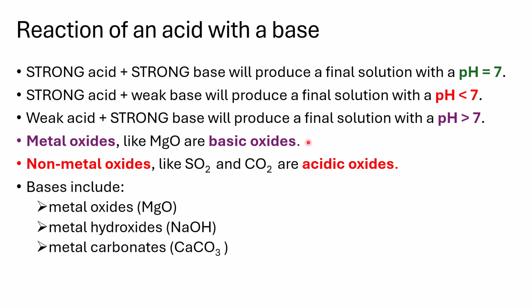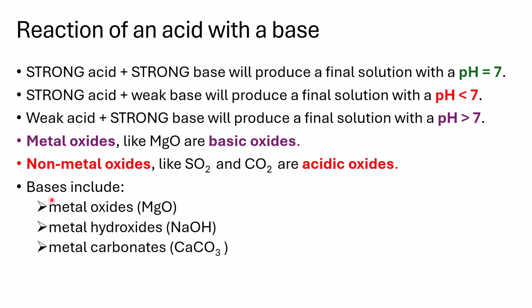Now, the first thing that you must remember, because we've done this in last week's lesson, is that metal oxides like magnesium oxide are basic oxides. So any metal that reacted with oxygen to form a metal oxide gives a basic oxide. They will have a pH of above 7. But non-metal oxides, like sulfur dioxide and carbon dioxide, are acidic oxides with pHs below 7.